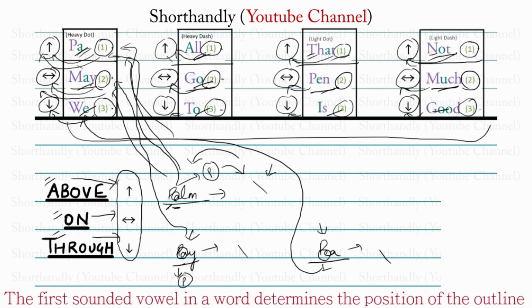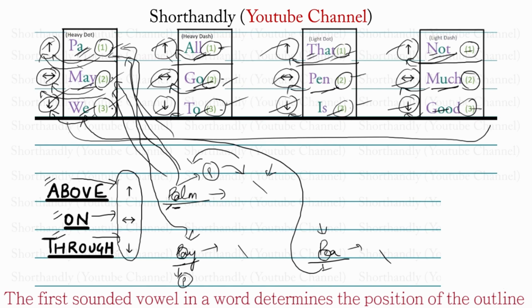Alright, so this is not very complicated, it is very simple, because if you carefully look at this chart, it's just above the line, on the line, through the line, repeated across the chart, because we have 1, 2, 3, 1, 2, 3.